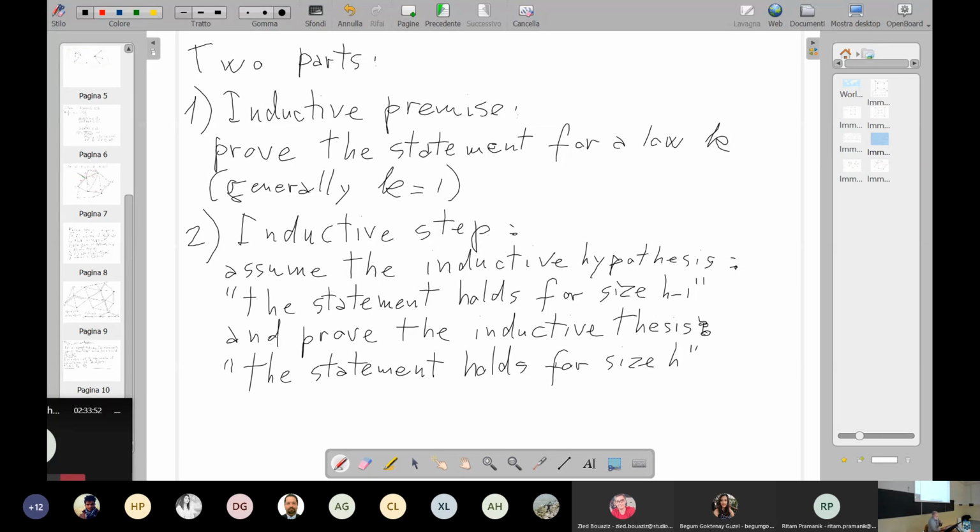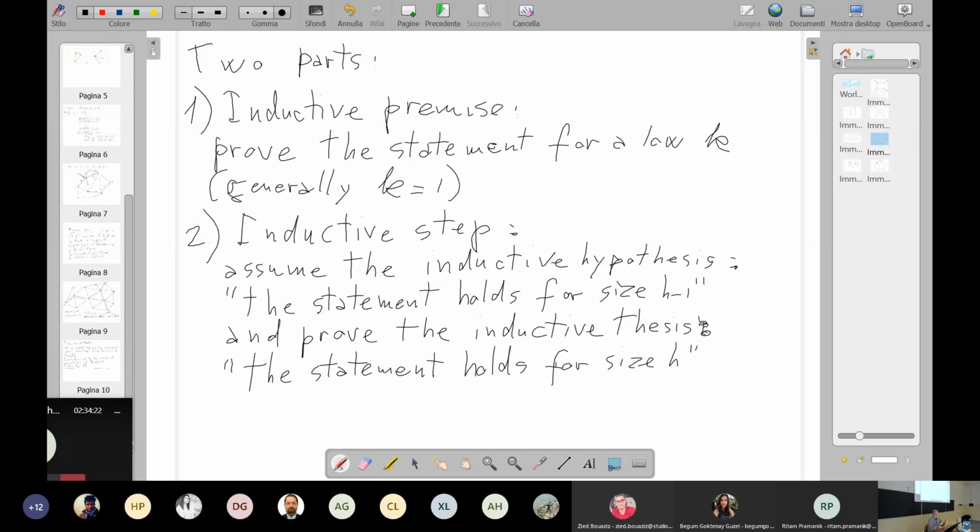Then you have a loop of construction in which you assume that you have constructed whatever you want up to i minus 1, and out of it you construct the next one. And it is no scandal that you assume something constructed up to step i minus 1. Why? Because you did it for the initialization at step 1.